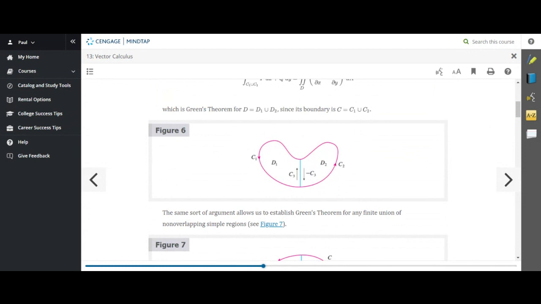The region D1 is found by taking the union of the curves C1 and C3, and the region D2 is surrounded by the union of the curves C2 and negative C3. And so we can use Green's theorem on each of the simple regions, D1 and D2.